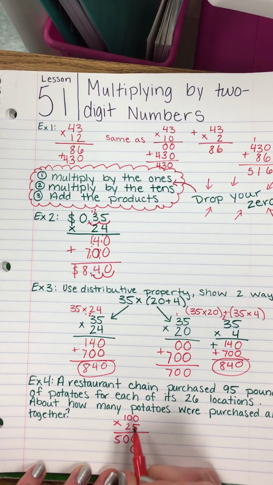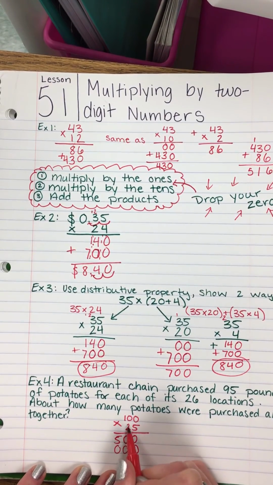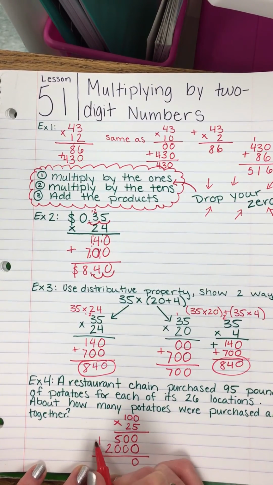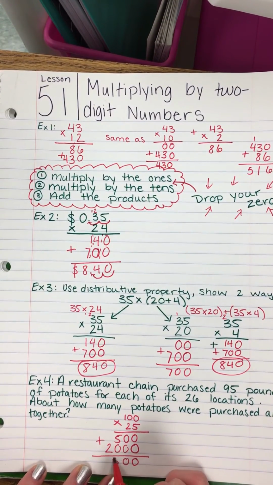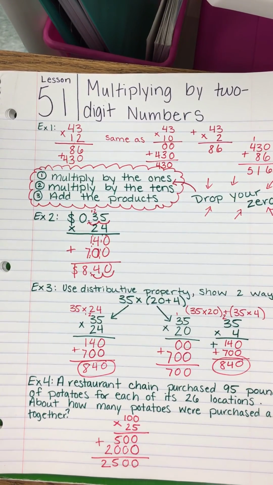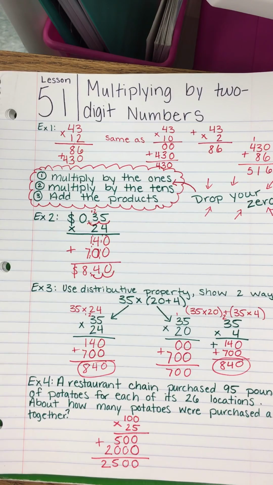Drop your 0. 2 times 0 is 0. 2 times 0 is 0. 2 times 1 is 2. And then add these together. About 2,500 potatoes were purchased in all.